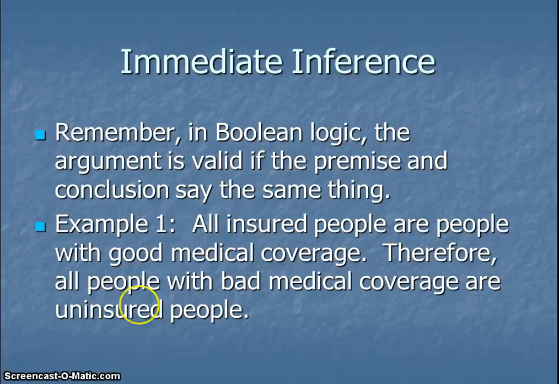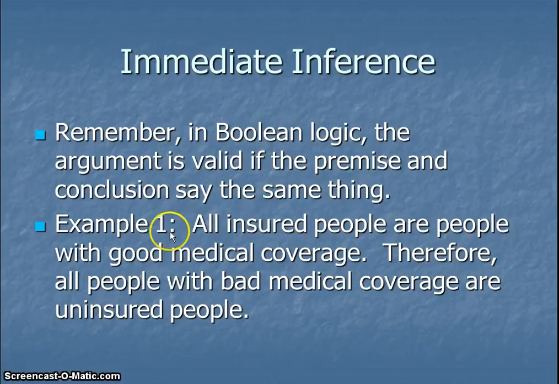And then we're going to have our conclusion right here. Therefore, all people with bad medical coverage. So I've already identified people with good medical coverage. Therefore, I know that people with bad medical coverage are going to be non of what I have written here. So I'm going to write all non-P, right?